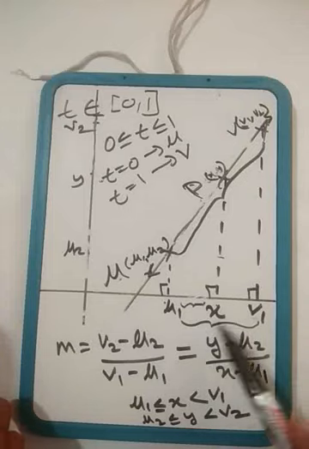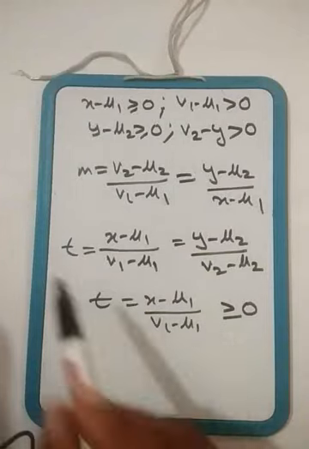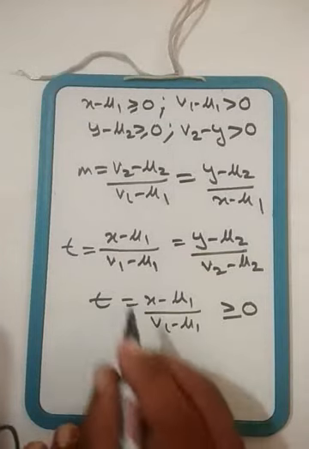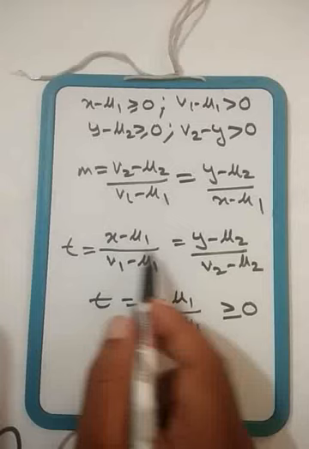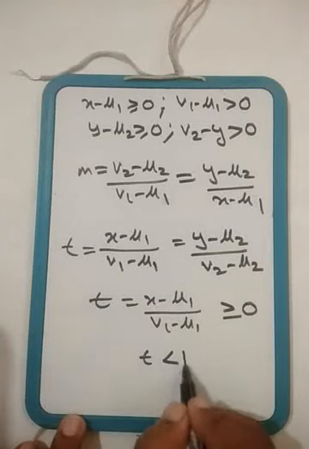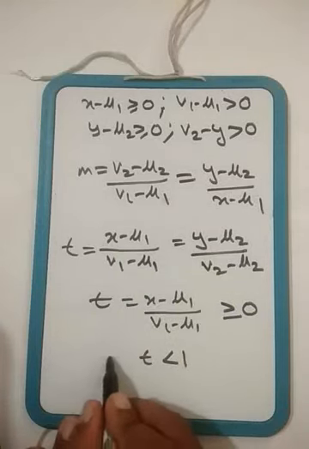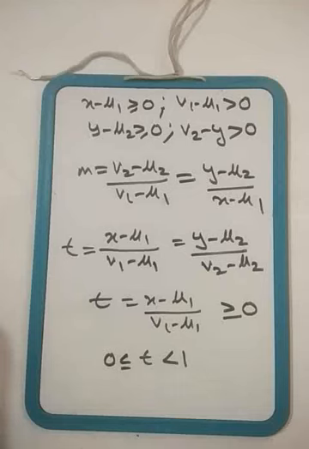In other words, this is in the denominator. So the value of t is strictly less than 1, because of this fraction. So 0 less than or equal to t strictly less than 1.